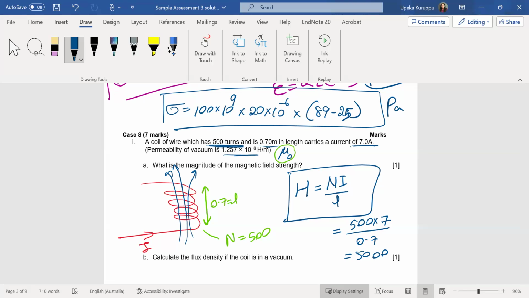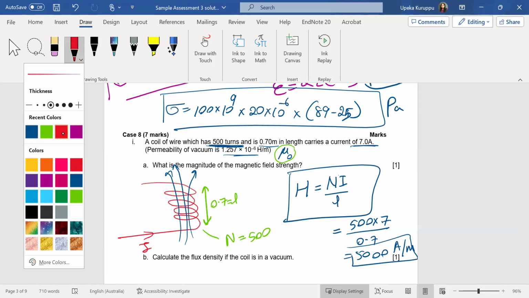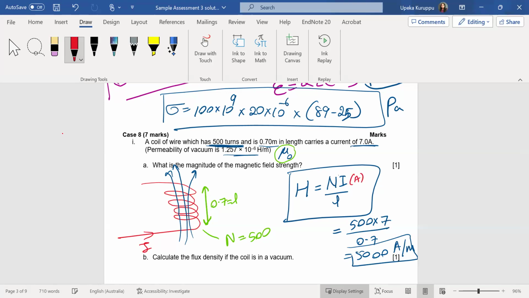What is the unit here? Amps per meter. Am I right? Because you have number of turns doesn't have any units. Current is amps, L is meters. So amps per meters. Any question? This is in amps and this is in meters. This one doesn't have any units. So 5,000 amps per meter, is that right?